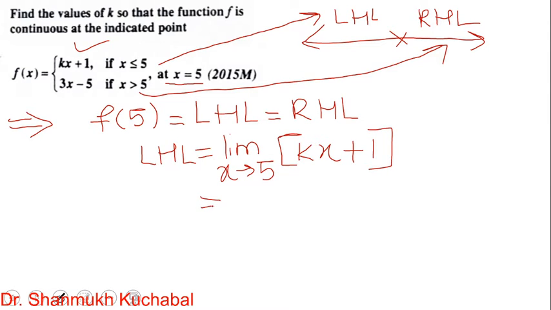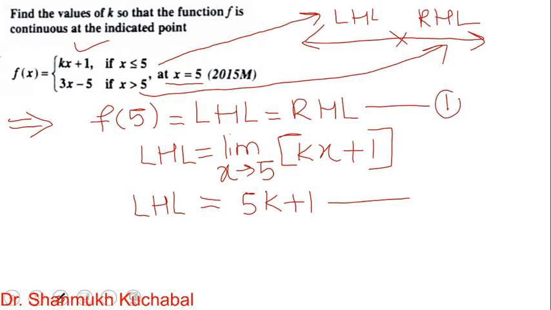Now wherever x is there we replace it by 5, because x is tending to 5, so we get k as it is, 5x, and plus 1 as it is. This is our LHL. The first step we call equation 1, and this second step we call equation 2.